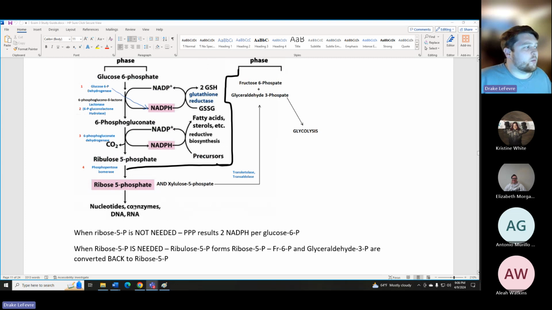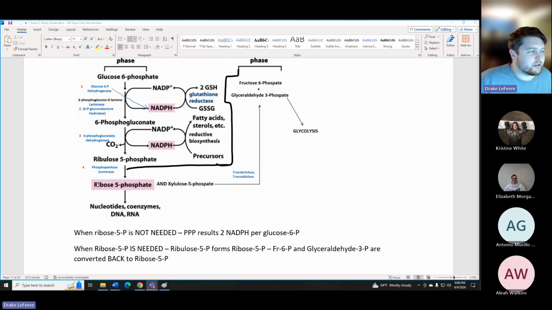And if, let's say, we don't need to be creating DNA and RNA in this case, the ribose and the xylulose can get acted on by other enzymes called a transketolase or a transaldolase. Transketolase acts on, which of these do you think that one acts on?